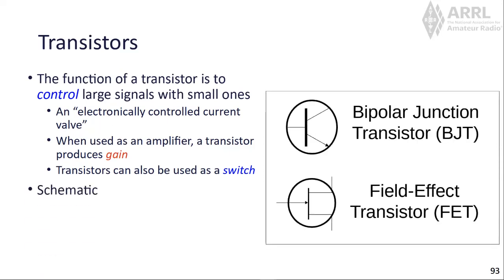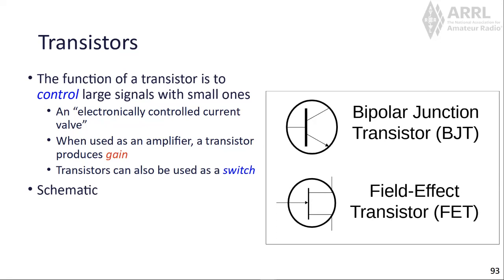All right, we see electrical schematic symbols for bipolar junction transistors, BJTs, and field effect transistors, FETs. The original transistors were the bipolar junction type.